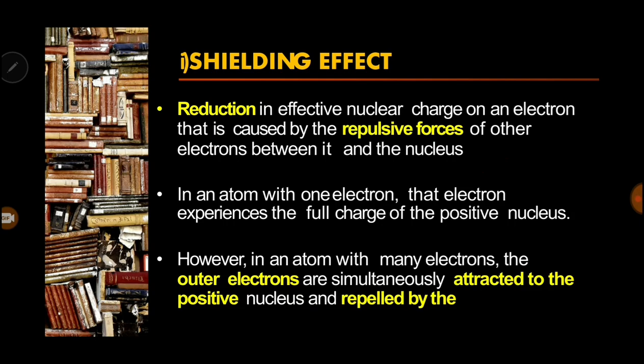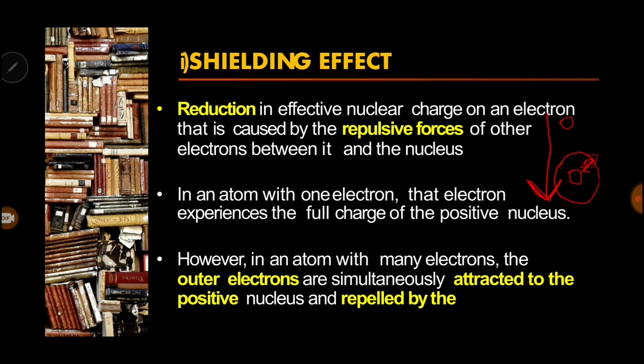The shielding effect is the reduction of effective nuclear charge on an electron, caused by the repulsive force of other electrons between it and the nucleus. Across the period, the repulsive force to the other electrons will increase.